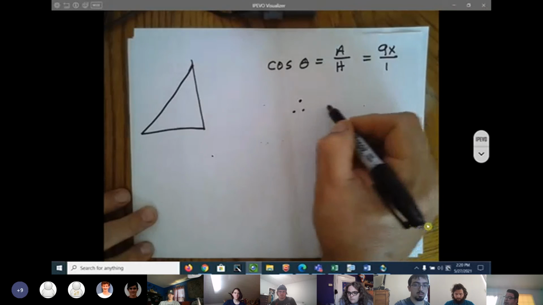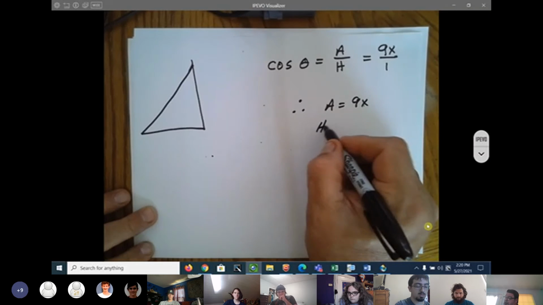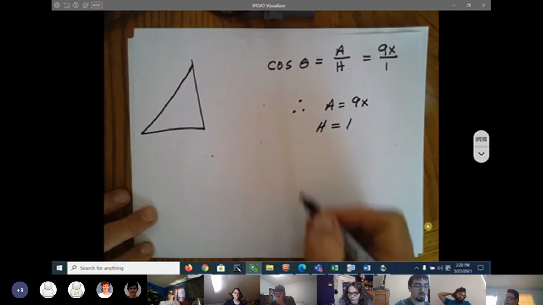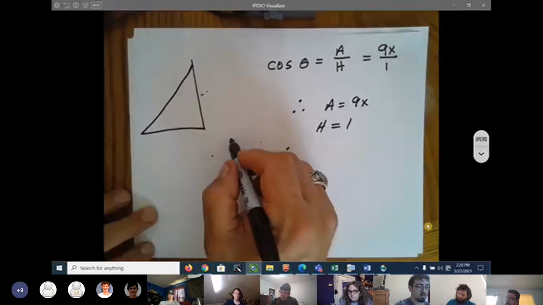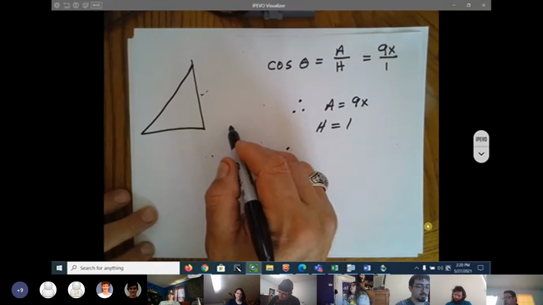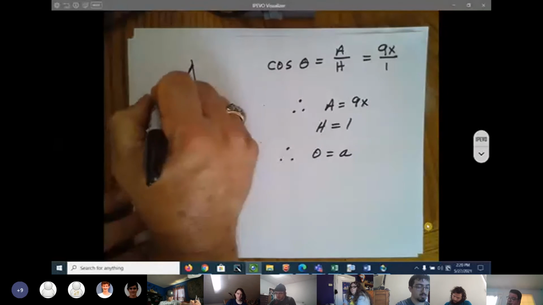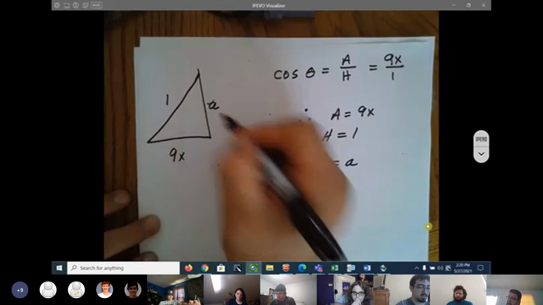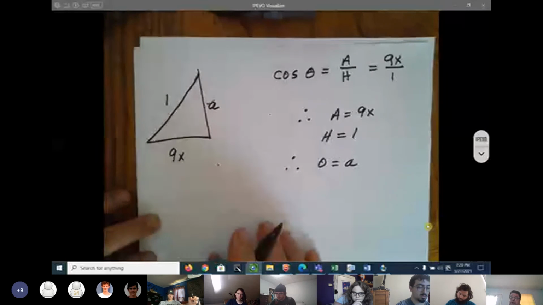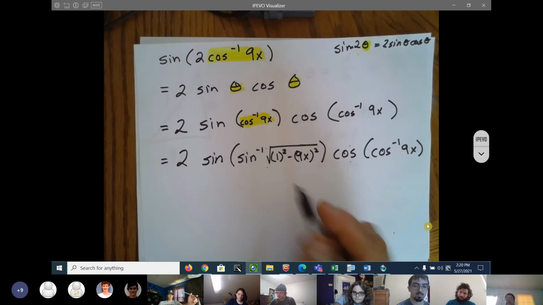Therefore, my adjacent is equal to 9x, and my hypotenuse is equal to 1. Therefore, the opposite is going to be equal to A. So 1, 9x, and A. And that's what you were supposed to do at the beginning of the problem because you're dealing with the cosine. So that's where I'm getting the 1 and the 9x.